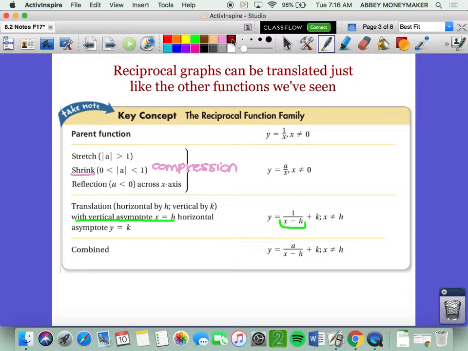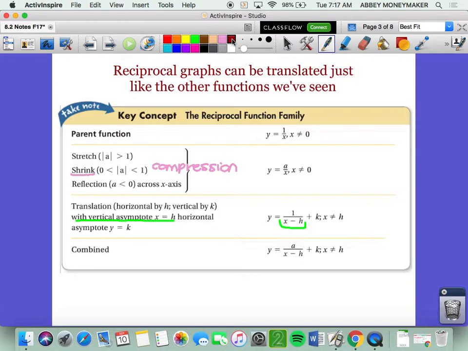The dogs wear the collars, and they get super, super close to that invisible fence, but as soon as they cross that line, you know what happens. So think of a vertical asymptote and a horizontal asymptote kind of like that. It's this invisible line that is your restriction that your graph cannot cross.